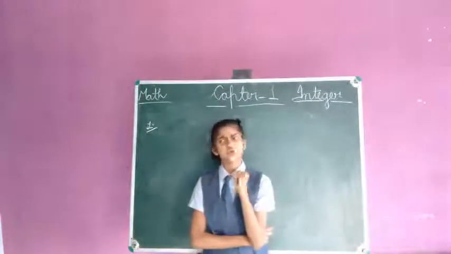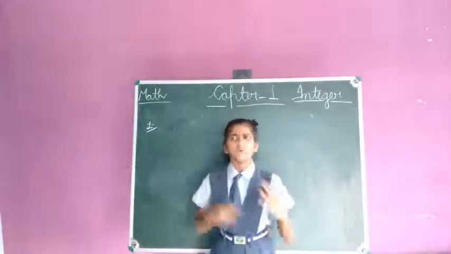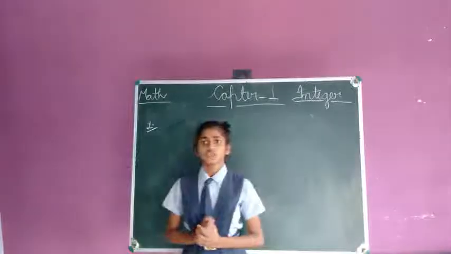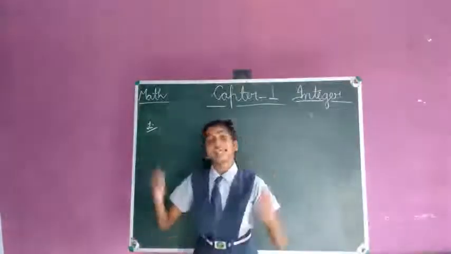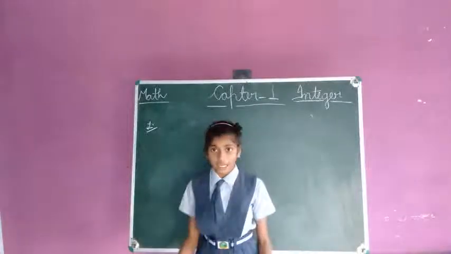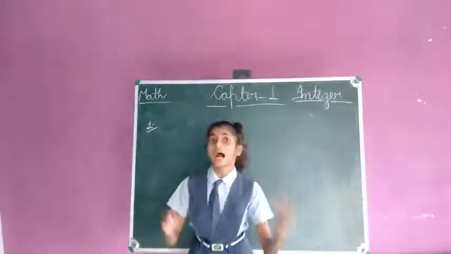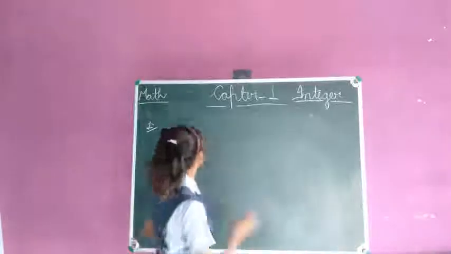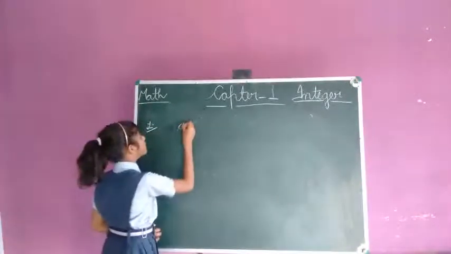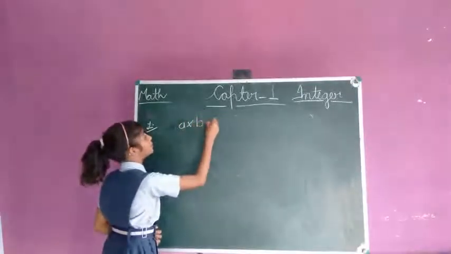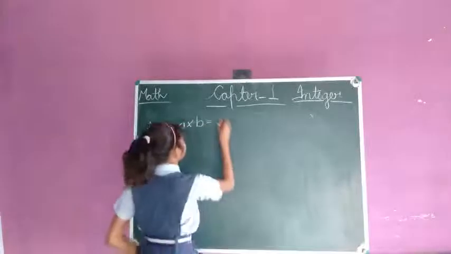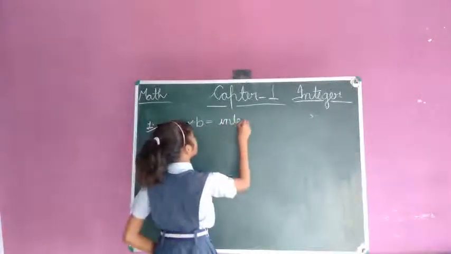Now what is a closure property? So friends, suppose that if A and B are any two integers, then A into B will also be an integer.